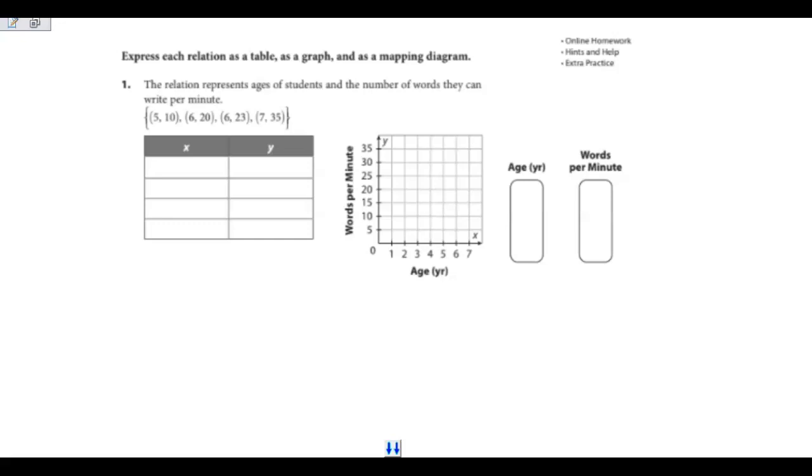Please go ahead and fill out the table, create your graph and your mapping diagram, and then let me know what the domain is, what the range is, and is it a function? Okay? If you have any questions, please see your teacher.